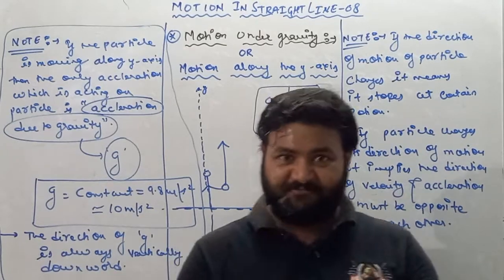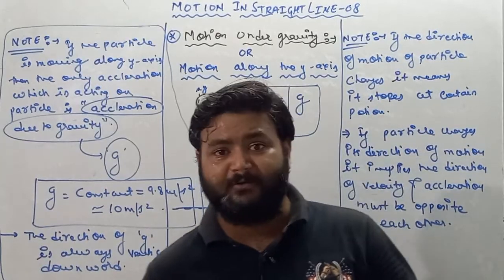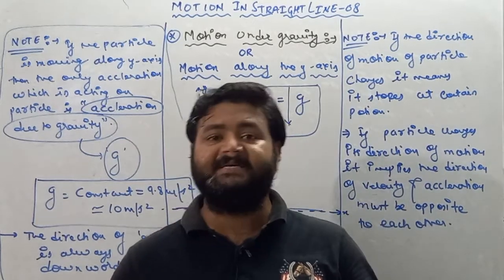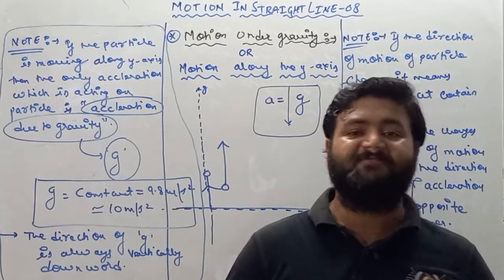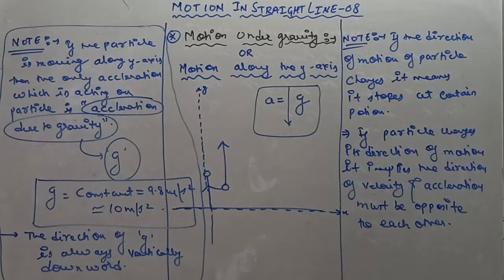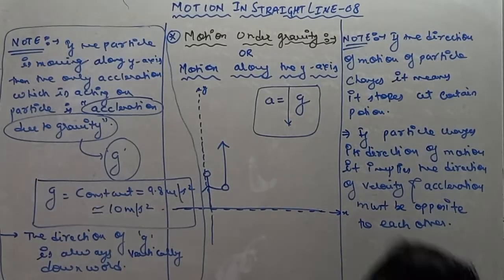Remember this thing. Write it down again in the form of a note: if the direction of velocity and acceleration is the same, then the speed of the particle increases.